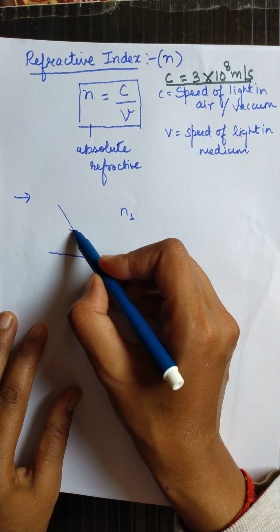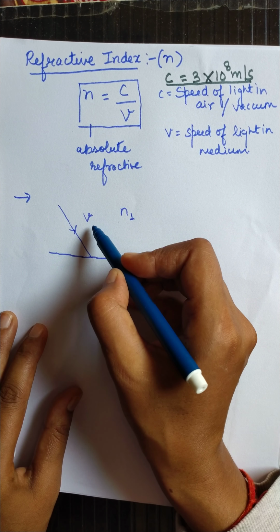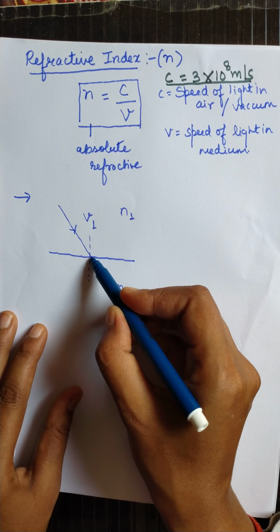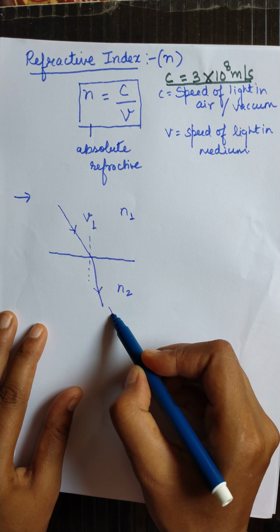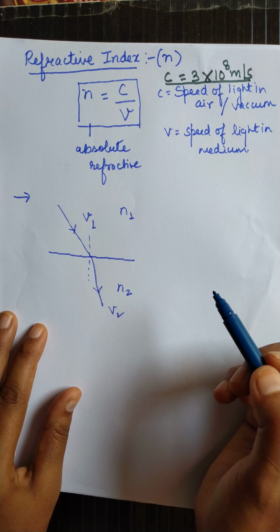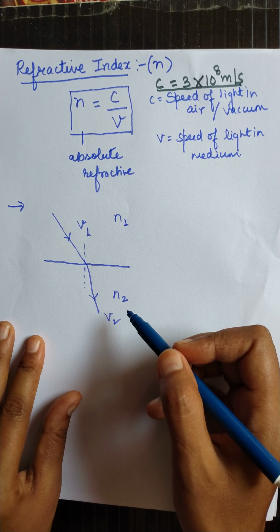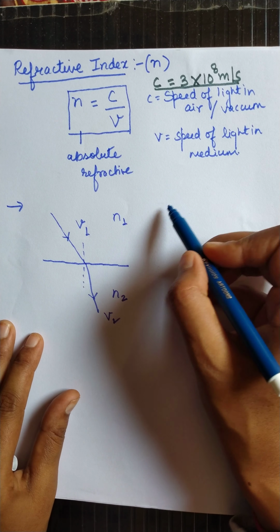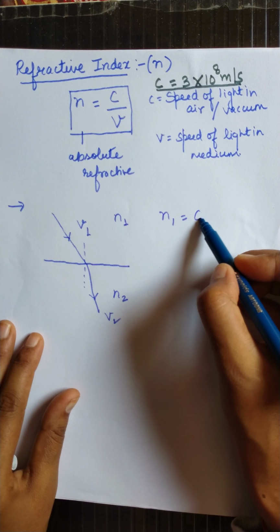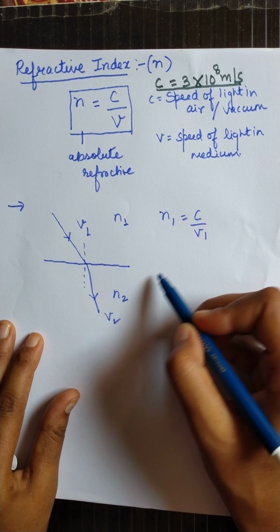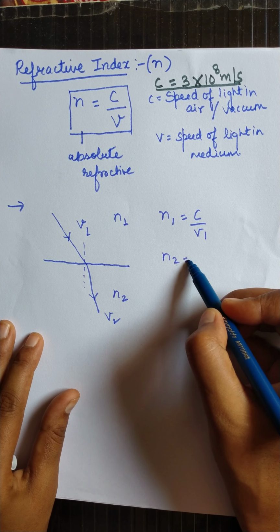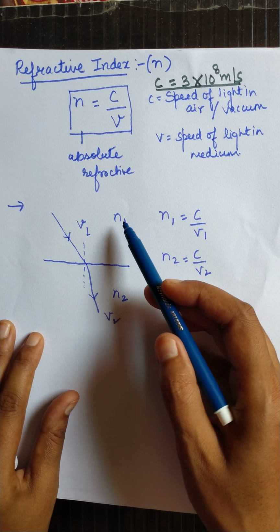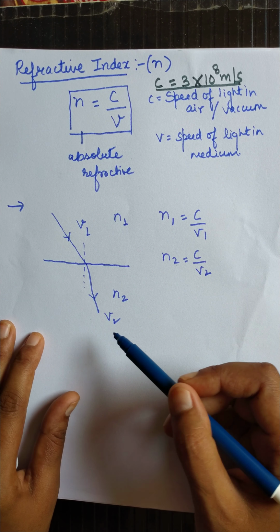In the first medium the light has velocity v1, and when it enters the next medium, its velocity becomes v2. So for the first medium n1 is equal to C upon v1, and for the second medium n2 is equal to C upon v2. These are the values of refractive index for their mediums.